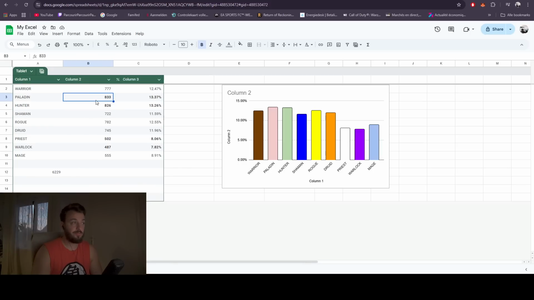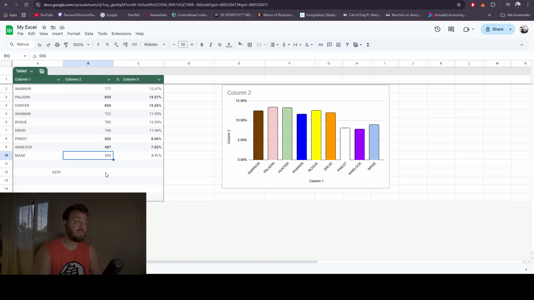As I showed, first it was 833 for Paladin and 826, and now you have more Hunters than I have shown on my screen while I was making the video. Then Rogues are third, then you have Warriors being the fourth one, which is kind of surprising because normally Warriors are very overplayed in general, because they are very useful.